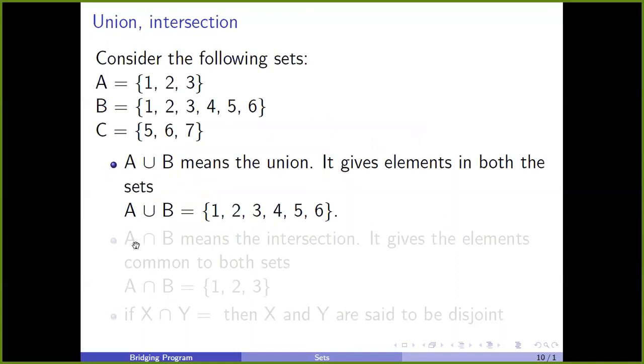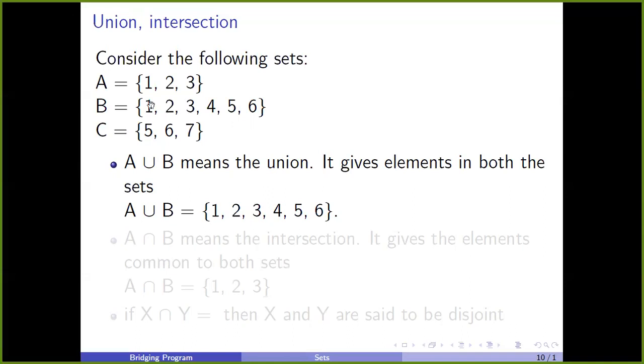Right, so a few other definitions. Again, I'm going to use these three sets, A, B, and C. So the first term that I want to define is called union, right? So the way I remember it, it looks like a U, right? So that's how you write it. A union B means all the elements in both the sets, right? So it's basically you amalgamate the things together.